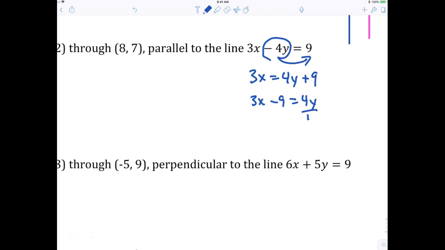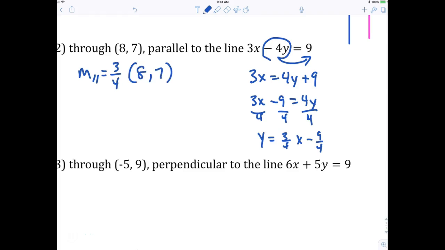So when I divide by 4, I have y equals 3/4 x minus 9/4. So what is the slope of the parallel line? 3/4.